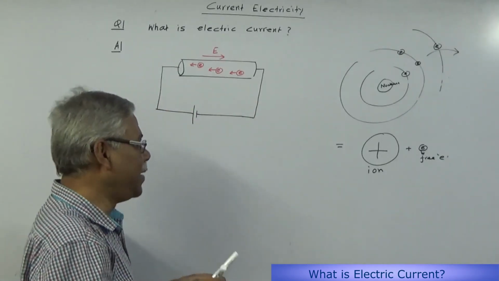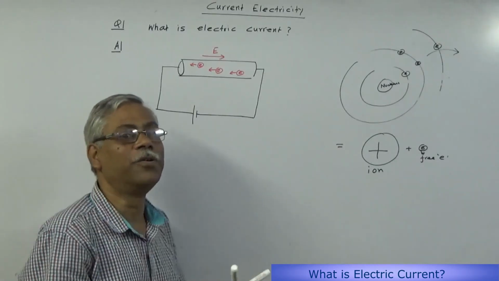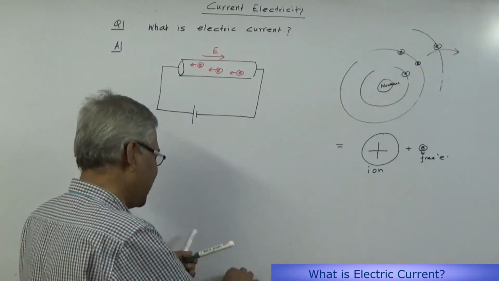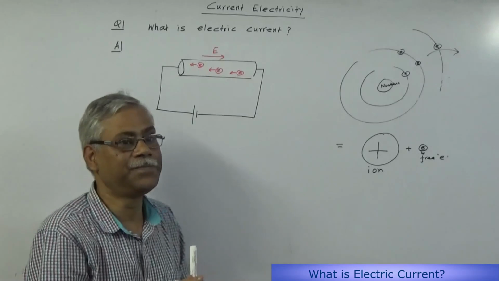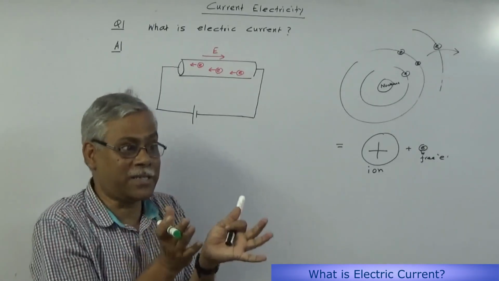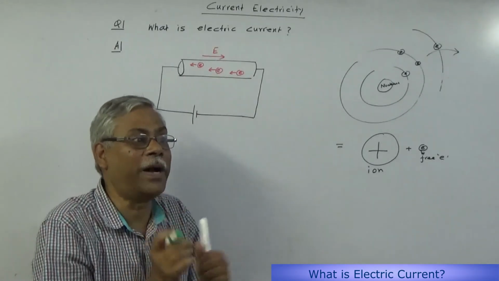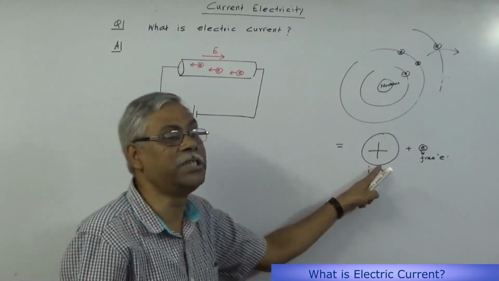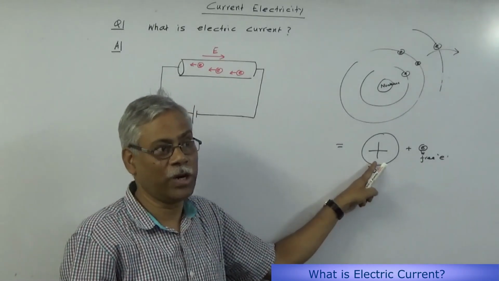And they cannot move freely. The reason is, they are moving in a space mostly occupied by these positive ions. Most of the space is occupied by these big positive ions.